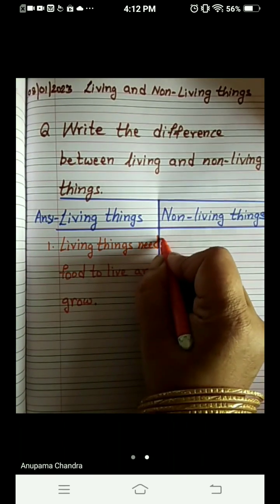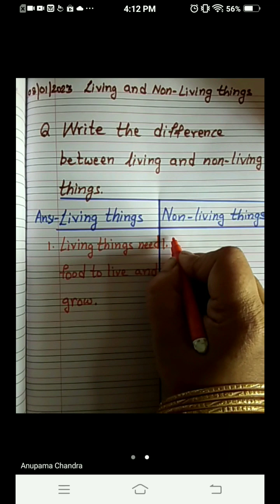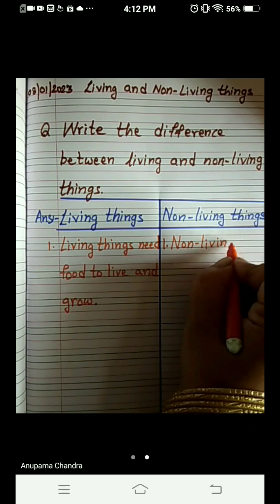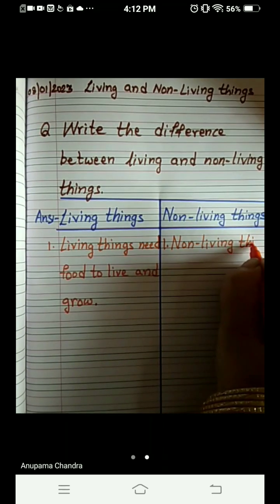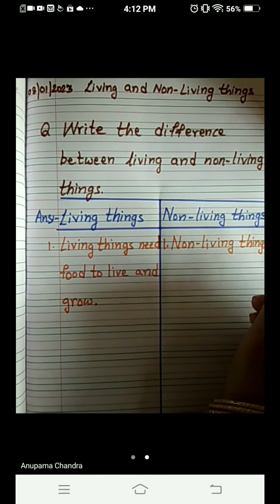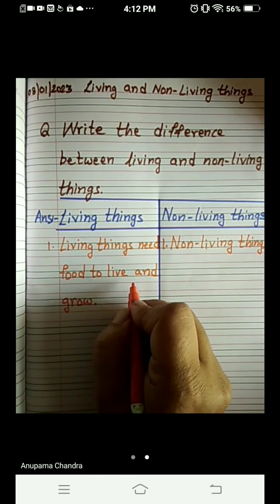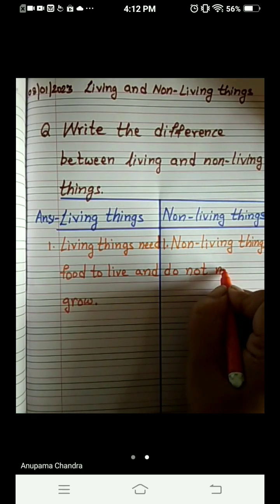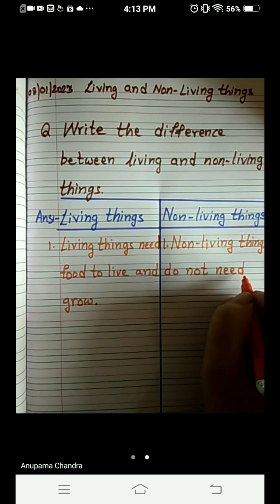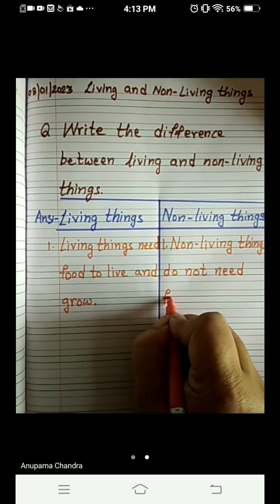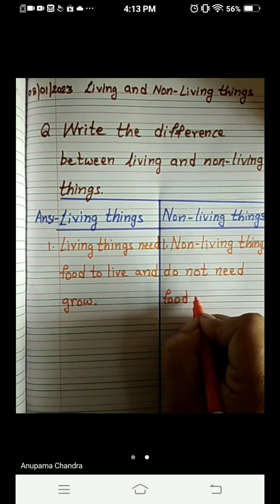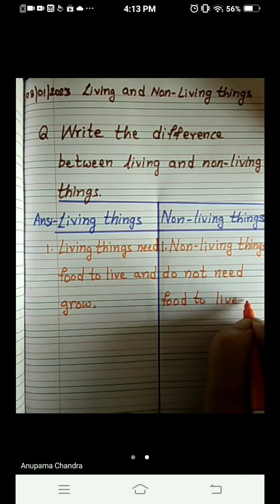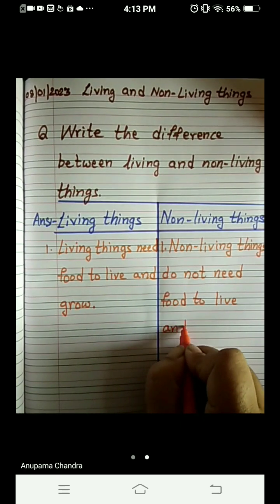Similarly, we are going to write here number 1, non-living things do not need food to live and grow.